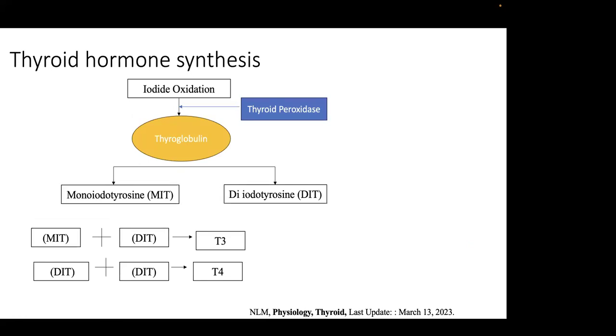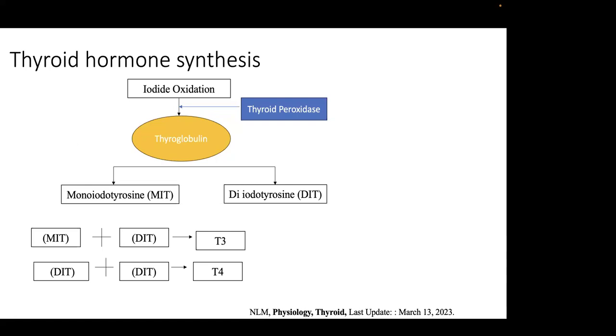Once it reaches the apical membrane, there will be oxidation of iodide in the presence of thyroid peroxidase, acting on thyroglobulin. Thyroglobulin is a large glycoprotein in the thyroid follicles which has tyrosine residues.